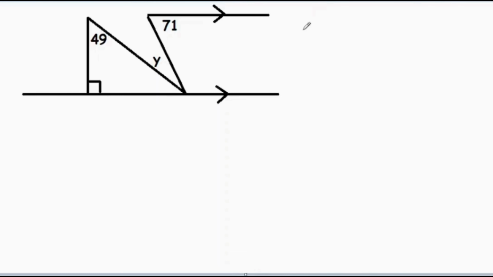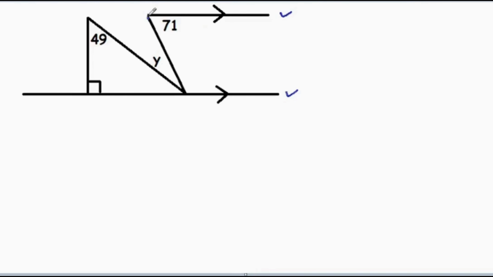Here is the second example. Our parallel lines are obvious. This is one of them, and this is the second one. Okay, so the arrow sign is a clear indication that these two lines are parallel. Alright, we need to identify our alternate angles by attempting to draw Z. Okay, we can just do this. Let me extend this backward.